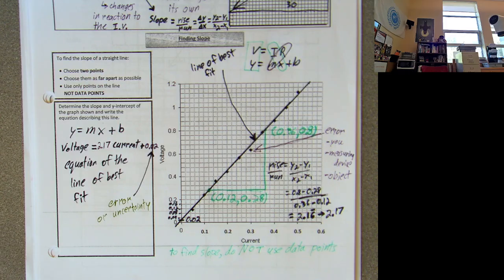This value represents the resistance of whatever object we're measuring, plus 0.02. So it should be 0 because no current means no voltage, but it's not. So what this value represents is the error and uncertainty in the measurement, in the whole process that I went through. And then I flipped the page and I want you guys to find slopes of lines. Fantastic. We'll go back and finish what you didn't finish.